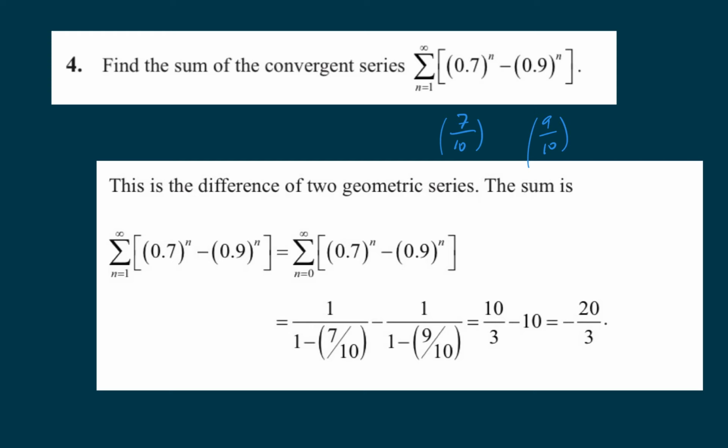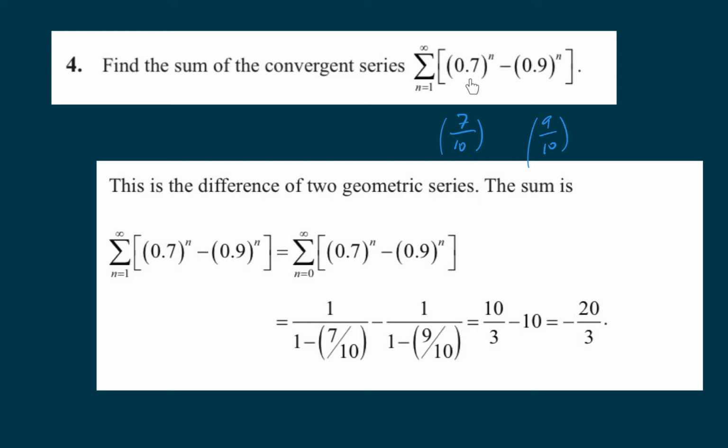So we are dealing with two geometric series, with r of one being 7 divided by 10, which is less than 1, and the other r being 0.9, which is 9 divided by 10, also less than 1. So each series will converge because r is less than 1, and we can do this sum.